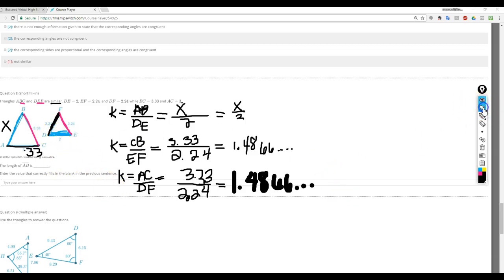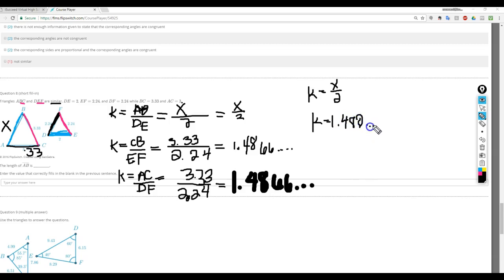And so then, since our scale factor has to be the same for every single side, we can use our transitive property, and this is because k equals x over 2 and k equals 1.4866.